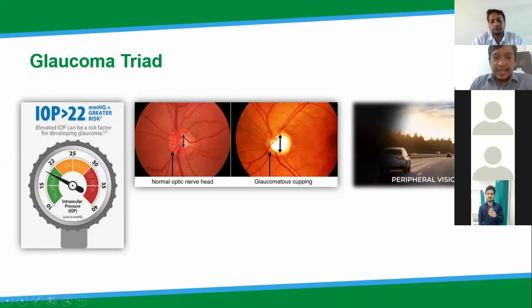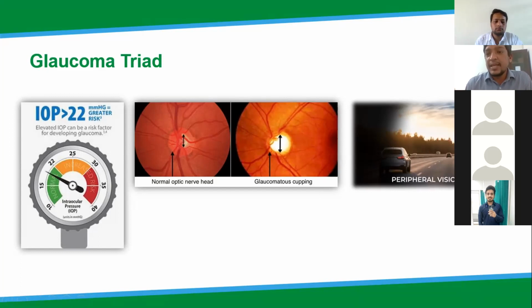The third problem associated with glaucoma is decreased peripheral vision. That is one of the problems the patient is not able to identify, because in the center the vision looks very good. The patient would have very good 6/6 vision and would not appreciate any problem in their vision.